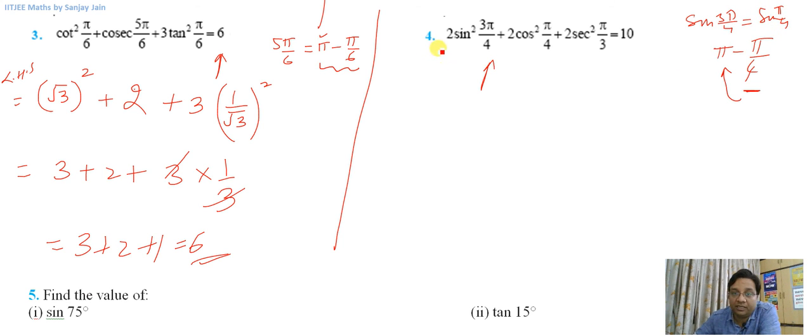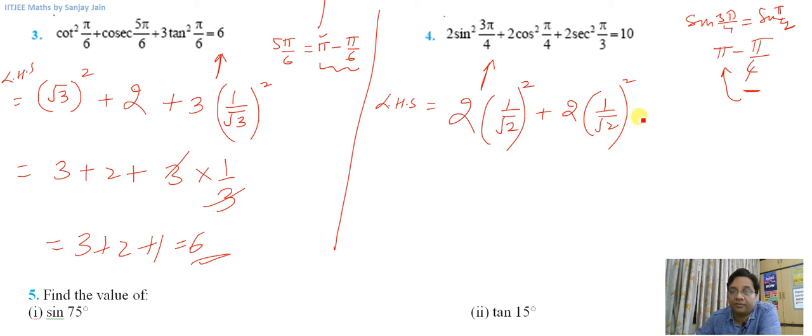So what I can write is the left hand side as twice of sine square pi by 4, which is 1 by root 2 squared, plus 2 cos square pi by 4, that is 1 by root 2 squared, plus 2 secant square pi by 3.